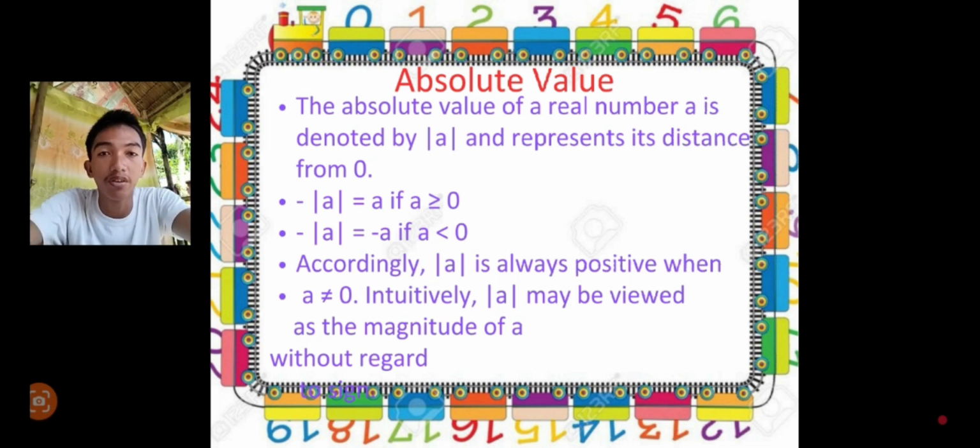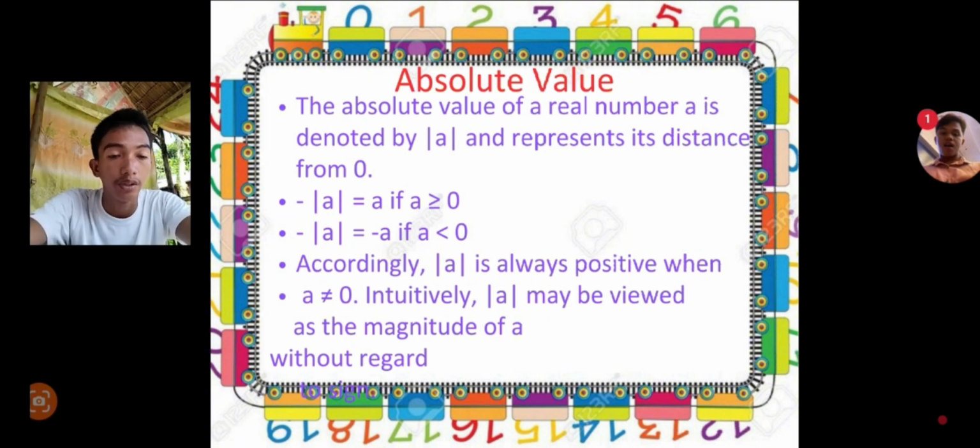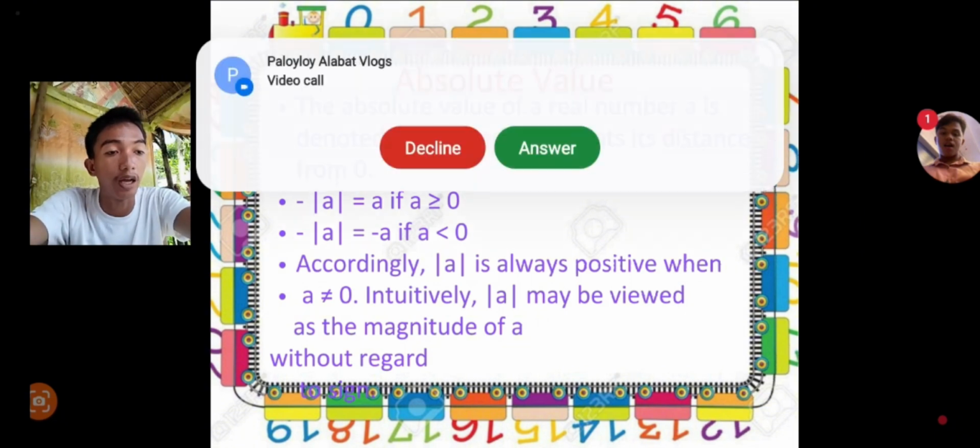These are the rules of absolute value. Rule 1: if E is greater than or equal to 0, then the absolute value of E is equal to E itself. So the absolute value is the number itself.